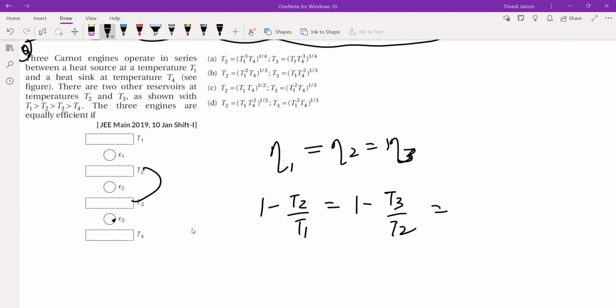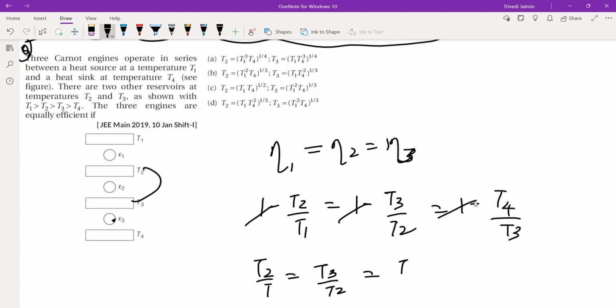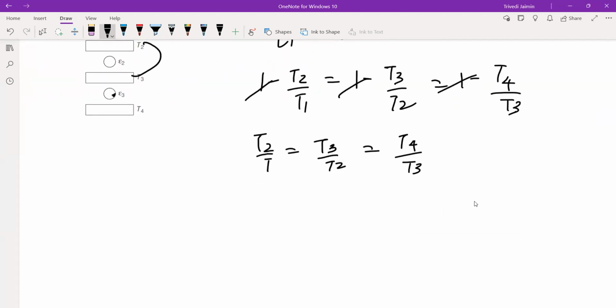Same way, for N3, 1 minus T4 by T3. So the 1 terms will get cancelled, all these three. So T2 by T1 equals T3 by T2, which equals T4 by T3. So we get two equations. T2 square equals T1 T3, and T3 square equals T2 T4.